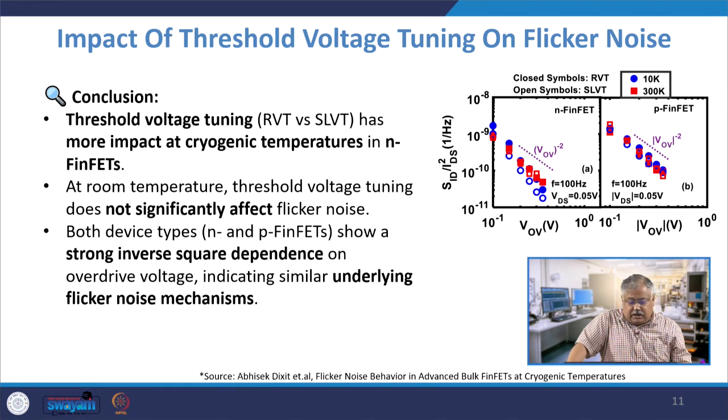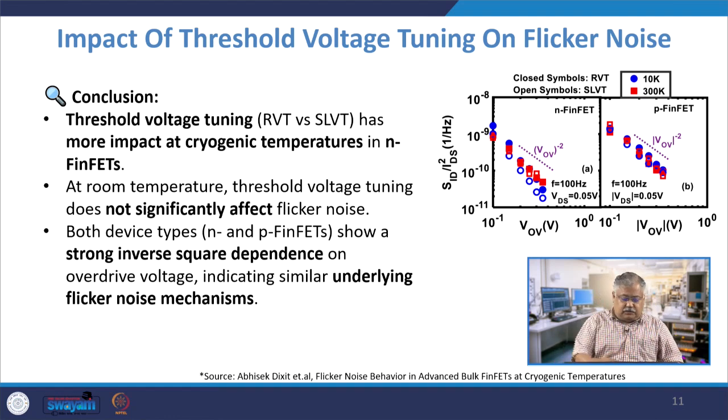Now, let us look at the threshold voltage tuning, which has an impact on the cryogenic operation in N channel FinFETs. Now, at room temperature, the threshold voltage tuning does not effectively change the flicker noise, and the reason is very simple. Flicker noise is orders smaller as compared to thermal noise in those cases.